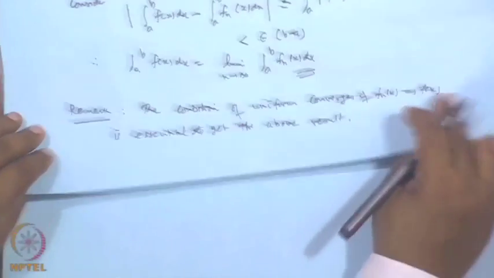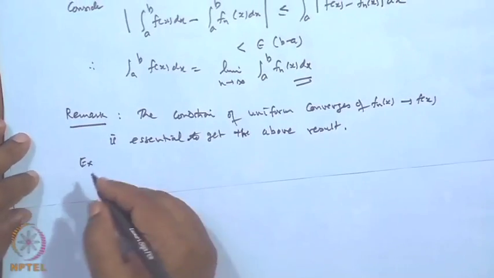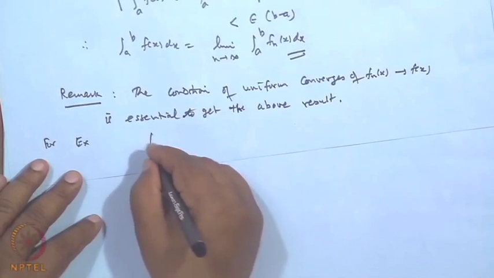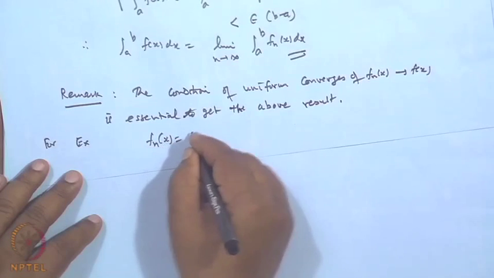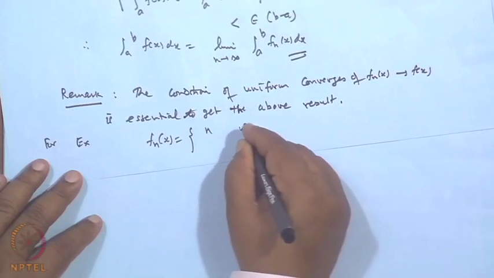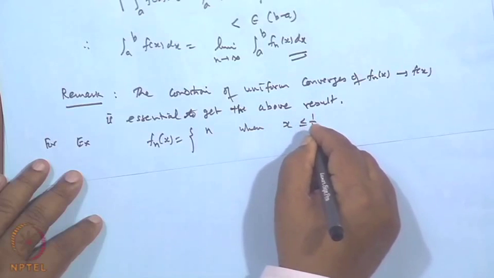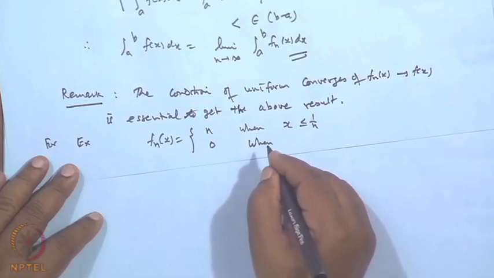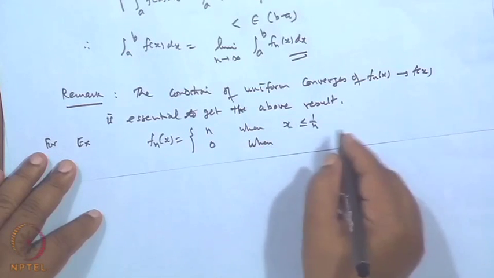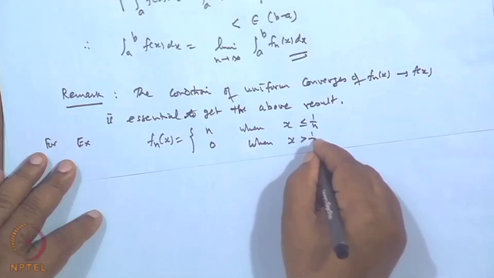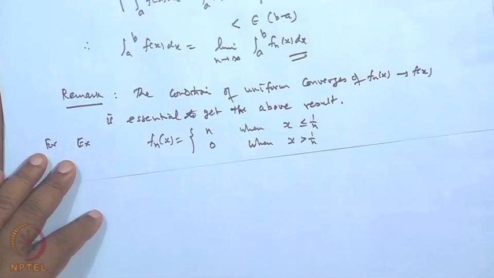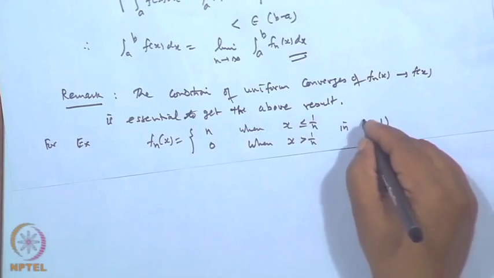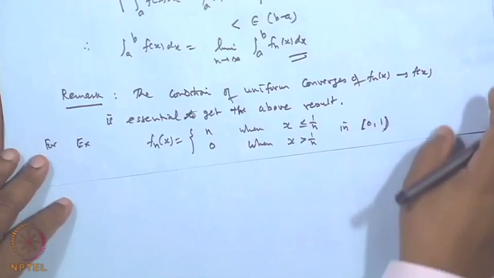For example, suppose I take the sequence f n x defined as n when x is less than or equal to 1 by n, and equal to 0 elsewhere, when x is greater than 1 by n, in the interval 0 1, x belongs to the interval 0 1.